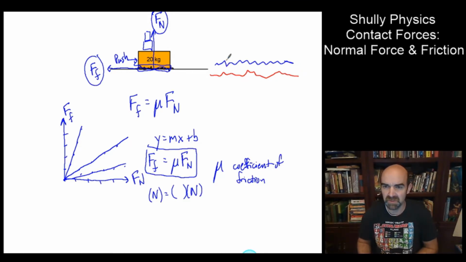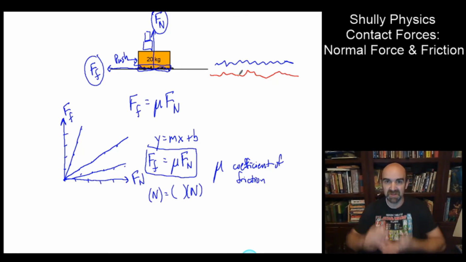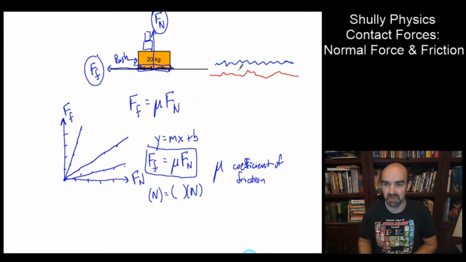So you can imagine when this block is pressed against the table, these little crags are going to interact, and they're going to grip to one another. It's going to make it difficult to move side to side. But at the same time, the tabletop is going to put an upward force on that block. So there's the normal force, and that side to side resisting force is friction.